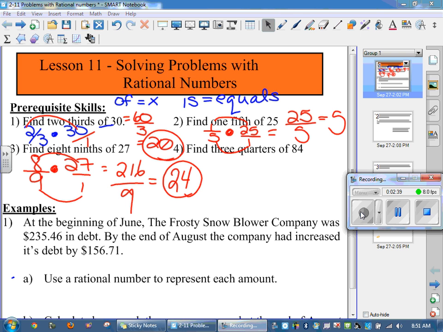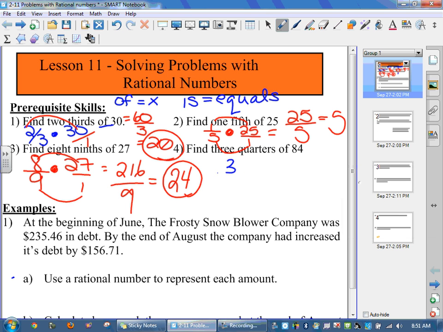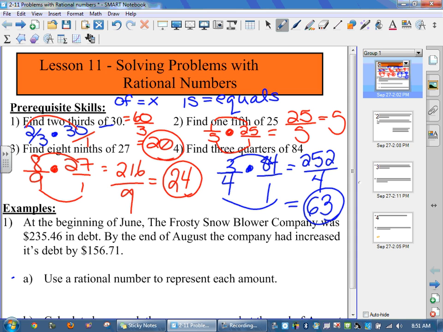Number 4. It says 3/4 of 84, so that's 3 over 4, 3/4 of 84 over 1. Multiply your tops, multiply your bottoms. We're going to get 252. Dividing by 4, which gives us how big? Good, 63. Perfect.